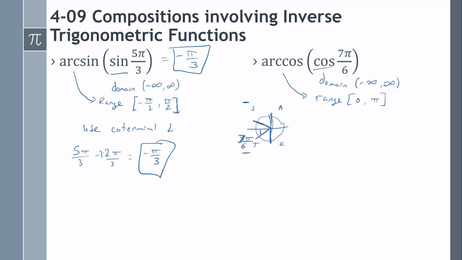Well, this reference angle is π/6, so that reference angle is also π/6, and this would be 5π/6. So they're both negative, have the same reference angle, therefore that is our answer since it is in the range. So you may have to use your unit circle and either find a coterminal angle that will land you in the range quadrants of the inverse sine or inverse cosine, or you may have to use a reference angle to get the result.